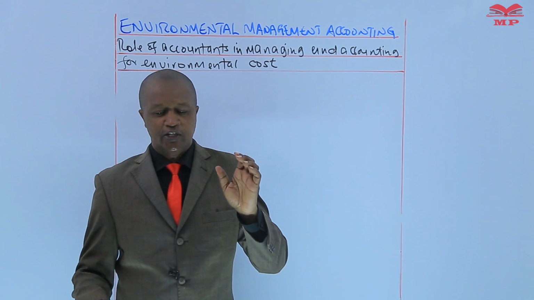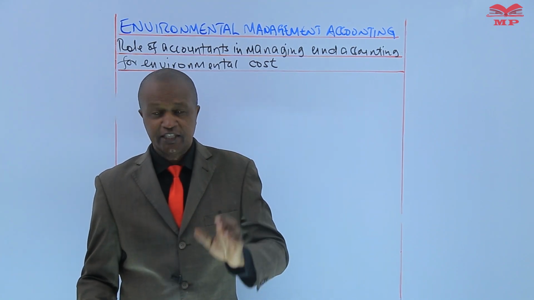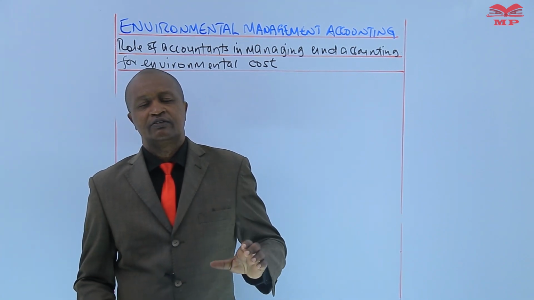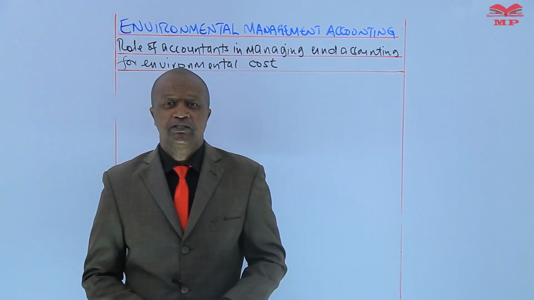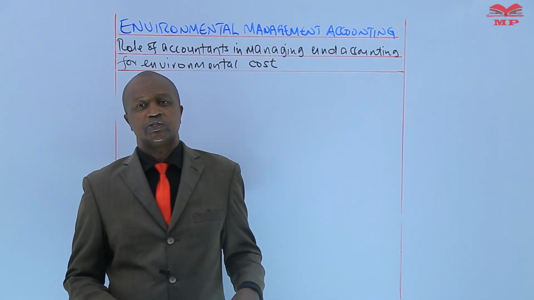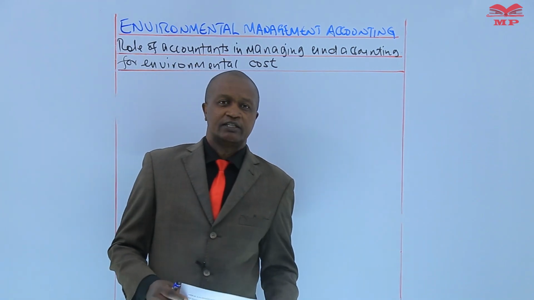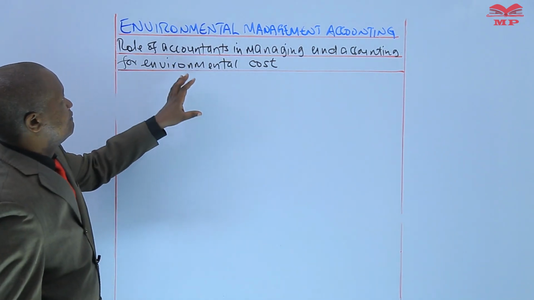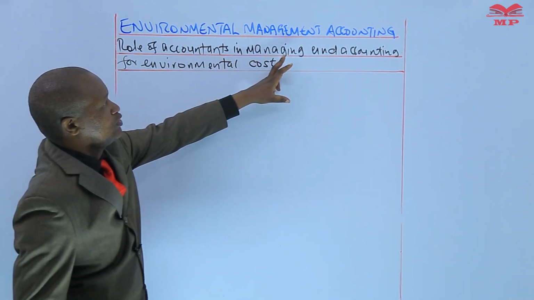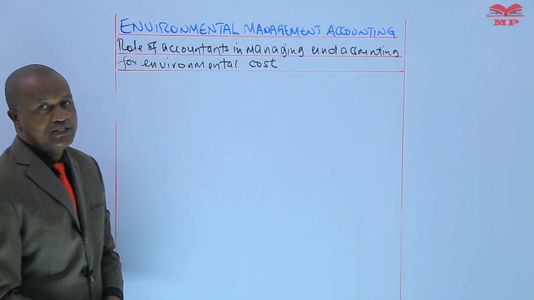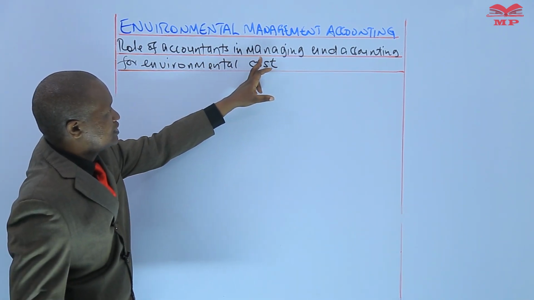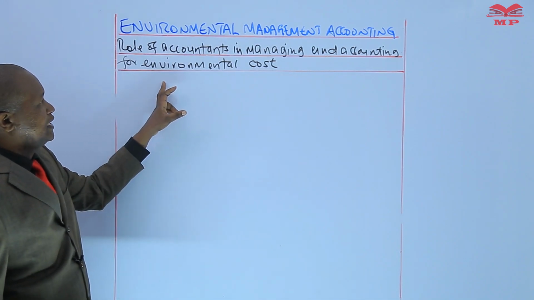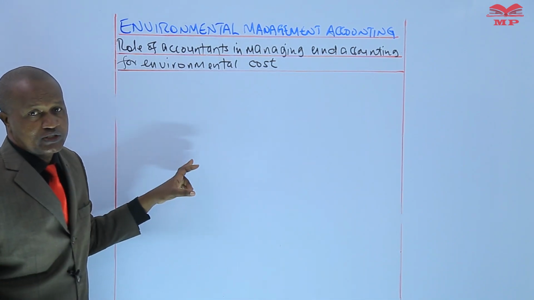So environmental management accounting falls under the scope of strategic management accounting. And today we're going to study in detail the topic environmental management accounting. And the first subtopic is the role of accountants in managing and accounting for environmental costs.